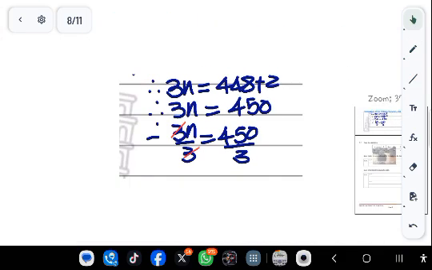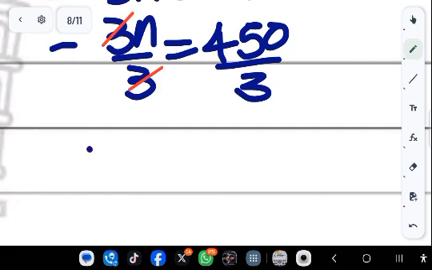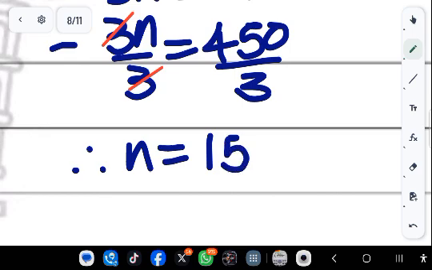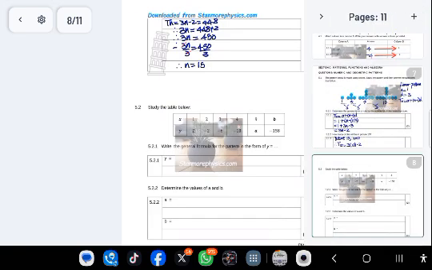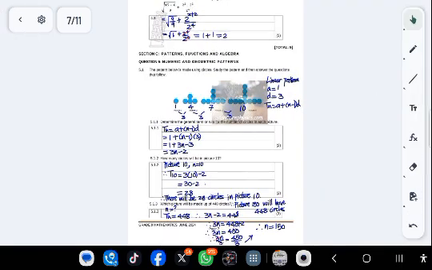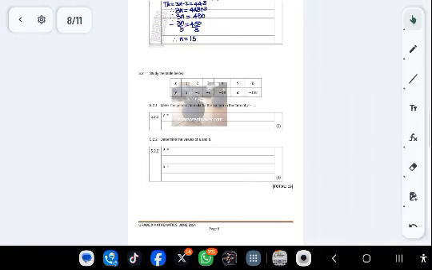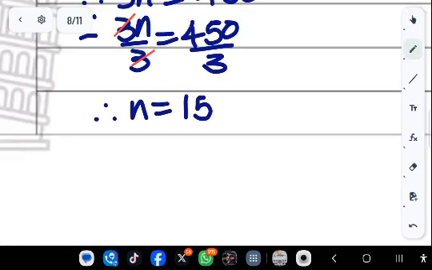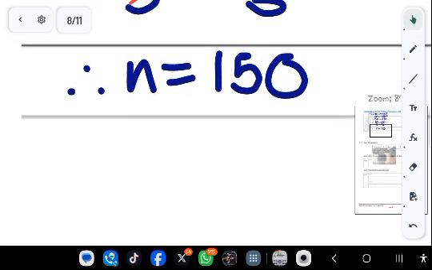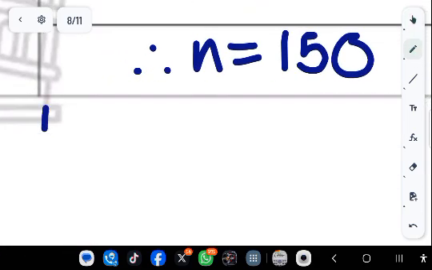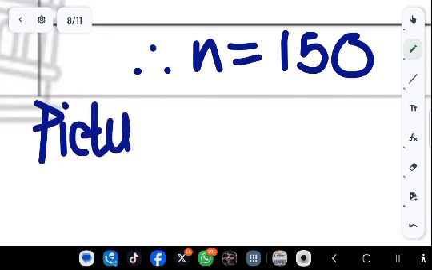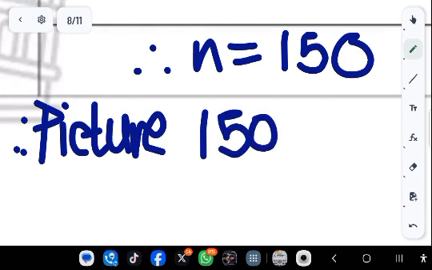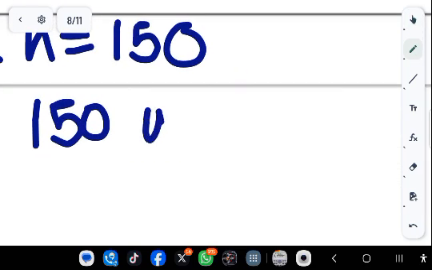And then 450 divided by 3, that gives us, therefore n equals 150. Is it 150? Let me double check. Yeah, it's 150. So n equals 150, meaning that picture 150 will have 448 circles.